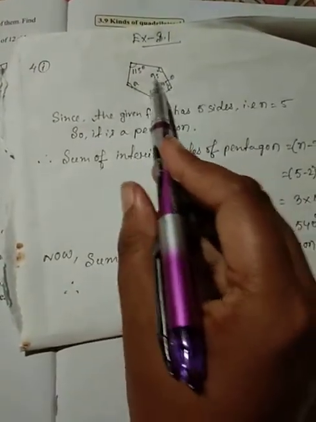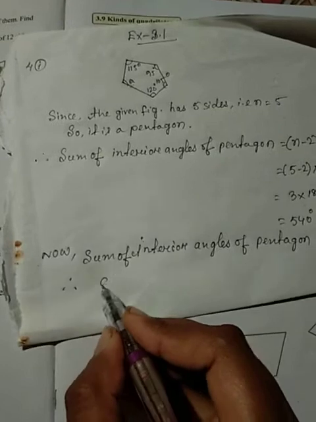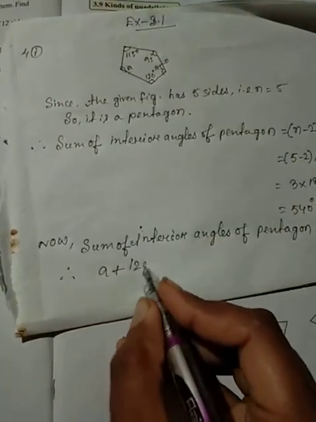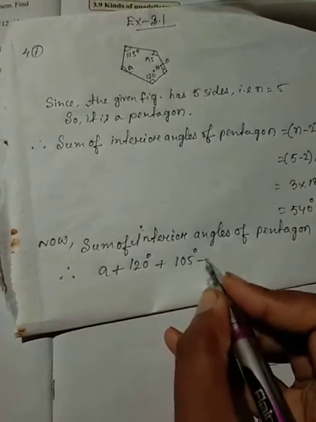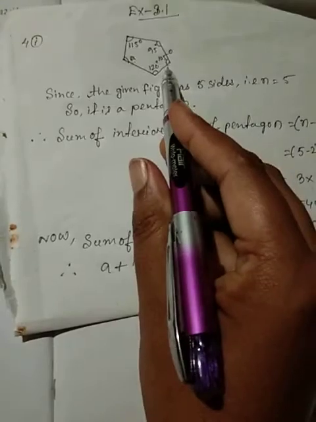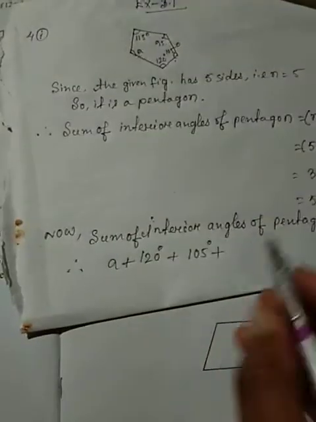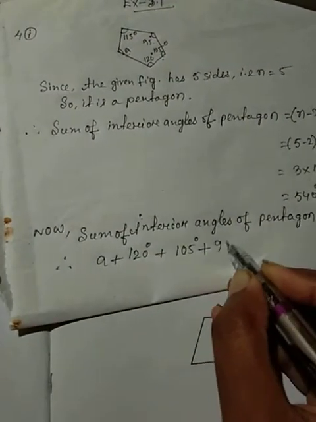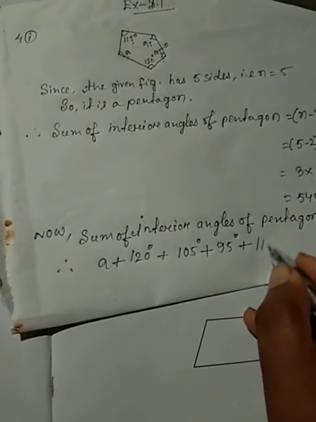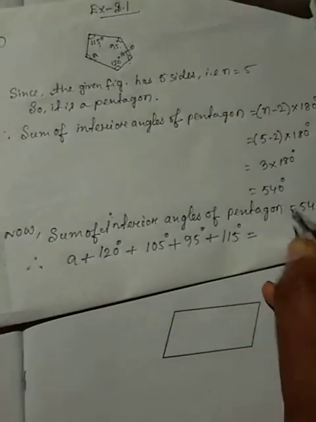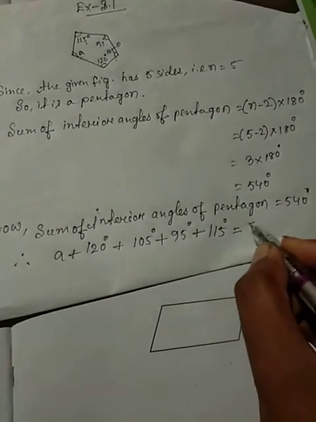Therefore, the sum of all the interior angles, that means A plus second value is 120 degree plus 105 degree. Here third angle is 105, fourth angle is 95 degree. We write 95 degree plus fifth angle is 115, 115 equal to what? 540.